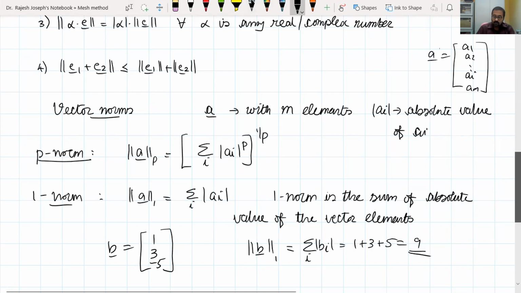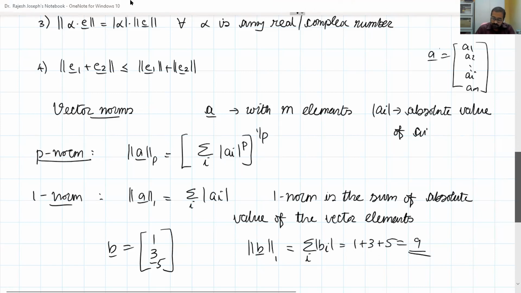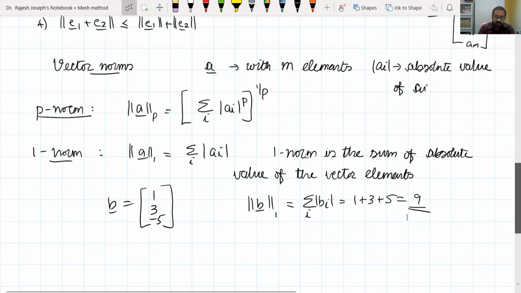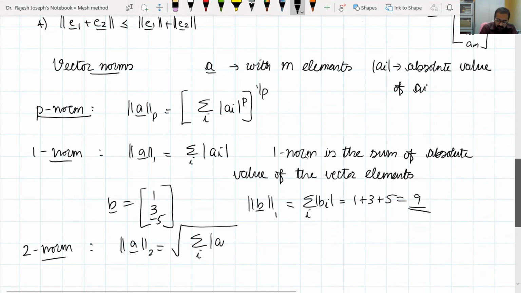Now, what about the 2 norm? So this is the one norm; what will be the 2 norm? The 2 norm will be the square root of sigma I AI whole square. What is this? This corresponds to the shortest distance between 2 points, you can say, right? X square plus Y square.